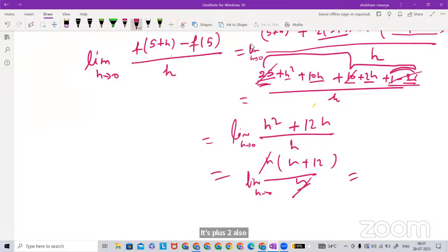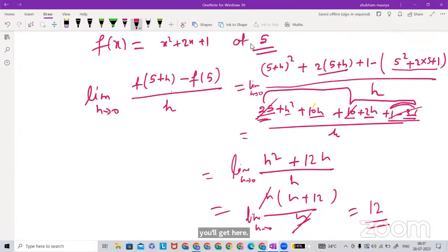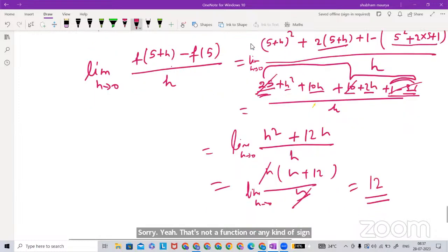Now we just need to substitute, so you get 12. This is the way to get that, and it will work for any kind of rational or irrational function, or any trigonometric function such as sine, cos, tan.